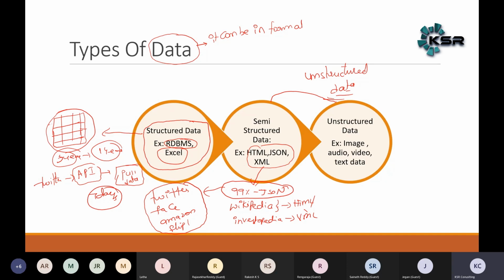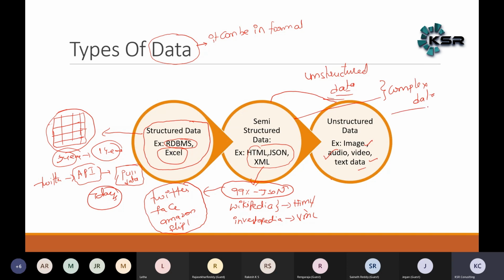Now, unstructured data means any data which is in the form of image, audio, video, and text data. That is called unstructured data. The combination of semi-structured and unstructured data is also called complex data.